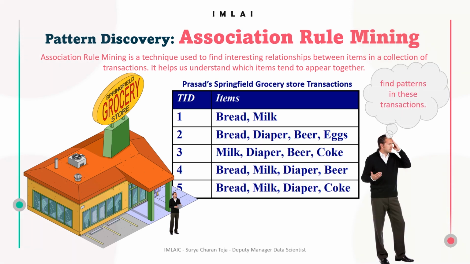He wants to find patterns in these transactions. So association rule mining will come to his rescue. Association rule mining allows you to find patterns in these transactions.